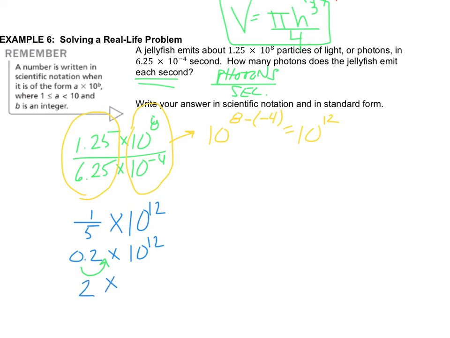Okay, so if I do that, times 10 to the 12th, because it's a positive exponent, it's making every number bigger, one more decimal place. So to adjust this, if I went 1 to the right, I would only have to now go 11. So that now is going to give me my answer in scientific notation.